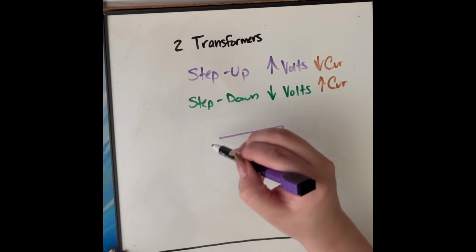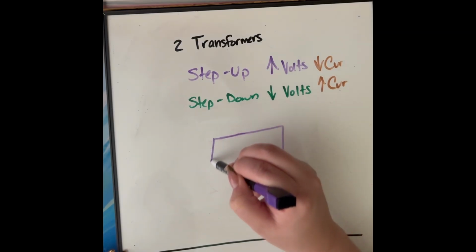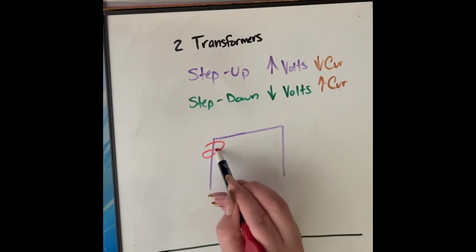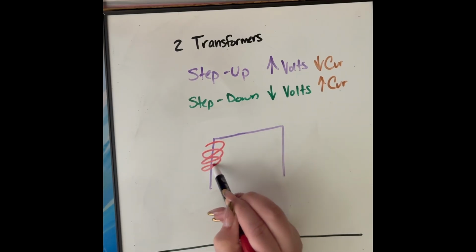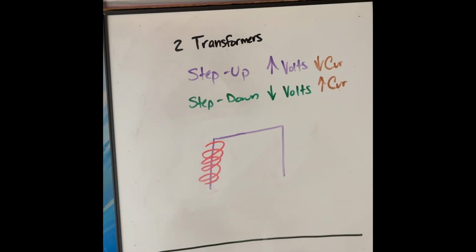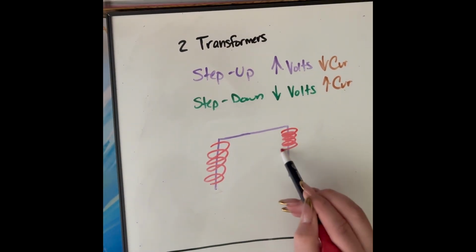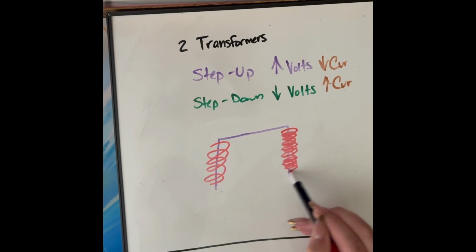This isn't happening because this is a step-up transformer. So our step-up transformer is going to have these loops or windings on one side, and it's going to have the same exact thing on the other side.